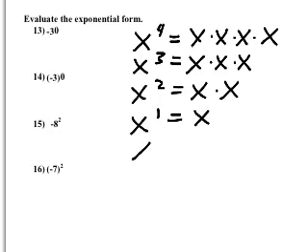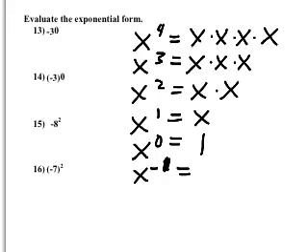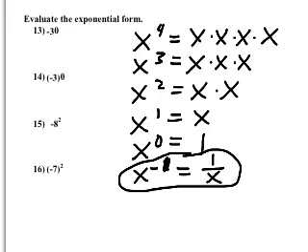So x to the 0 power would be 1, because x divided by x is 1. And then, keep going, x to the negative 1 power would be 1 divided by x, which is 1 over x. Also notice that this is a reciprocal. Negative powers are reciprocals.